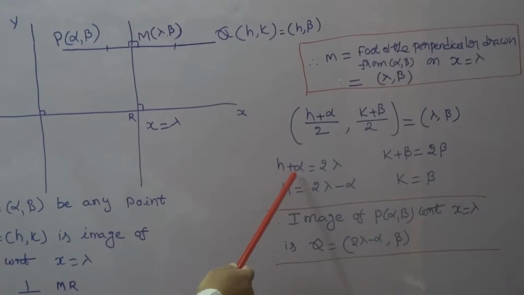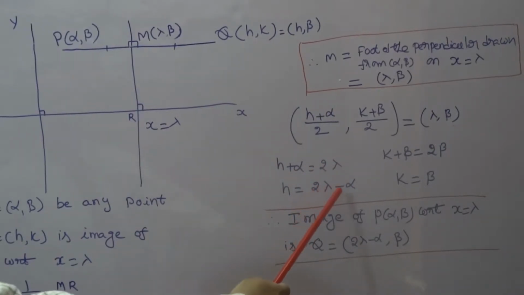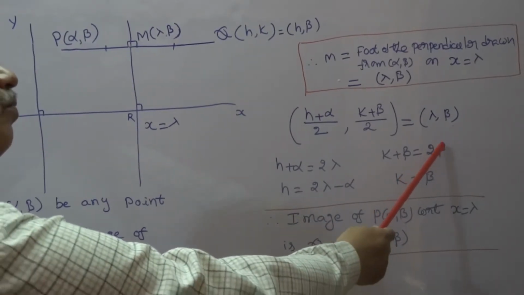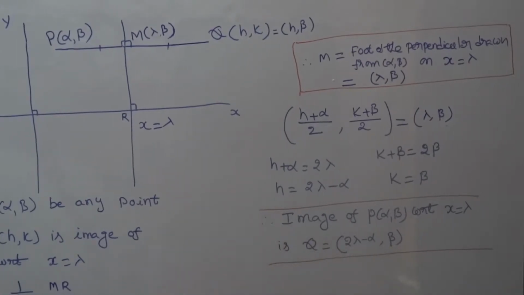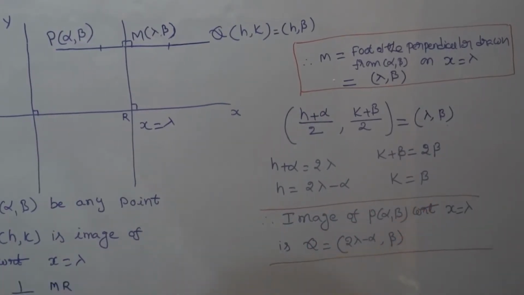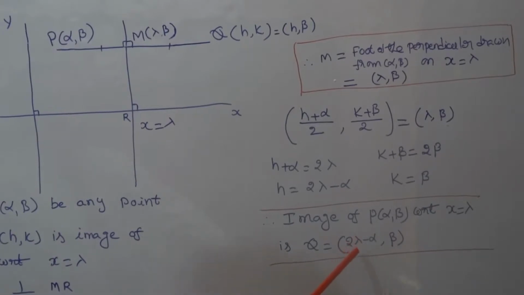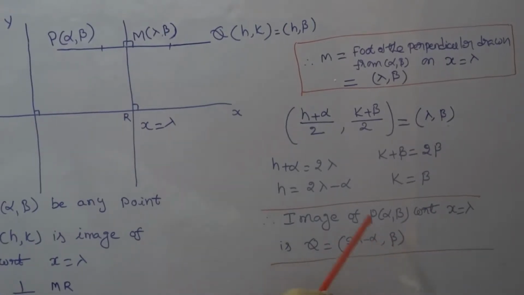So h plus alpha is equal to 2 lambda, h is equal to 2 lambda minus alpha, k plus beta is equal to 2 beta. So k is equal to 2 beta minus beta, that is beta. Hence, the image of a point (alpha, beta) with respect to the line x is equal to lambda is (2 lambda minus alpha, beta).